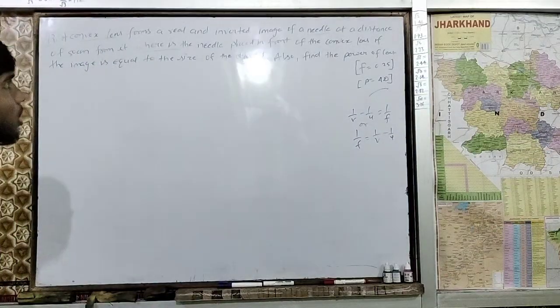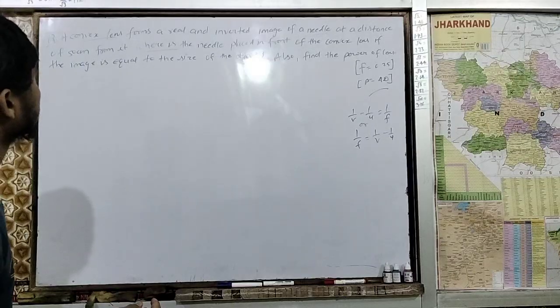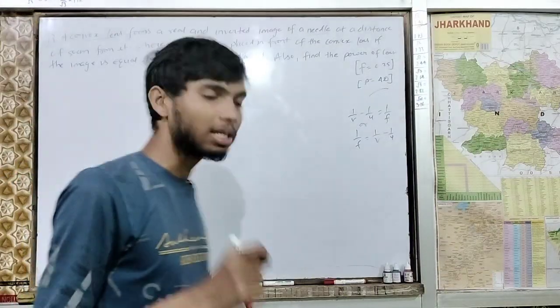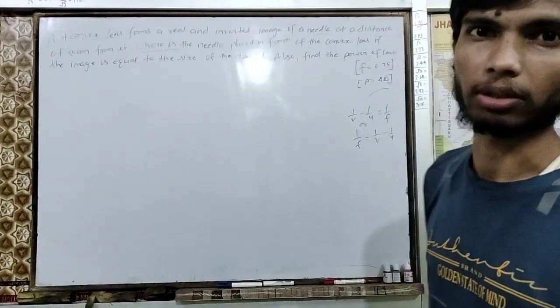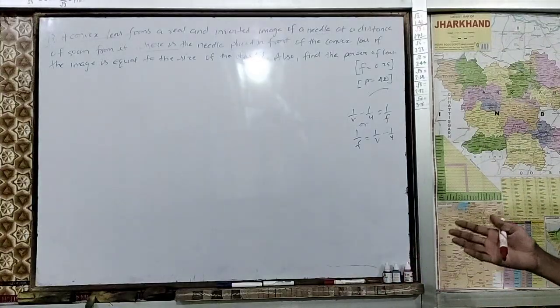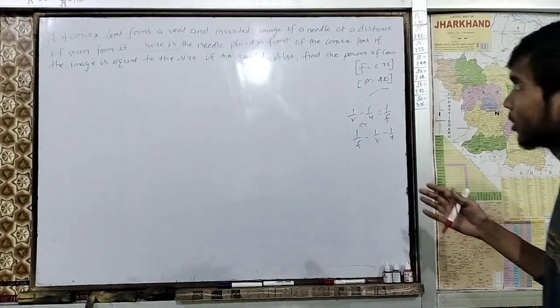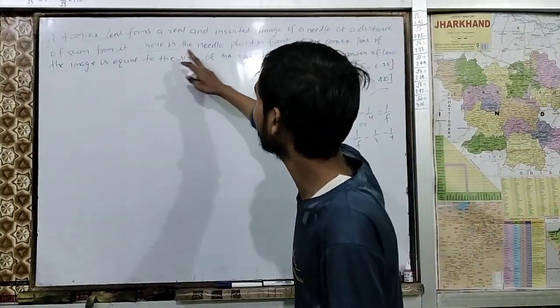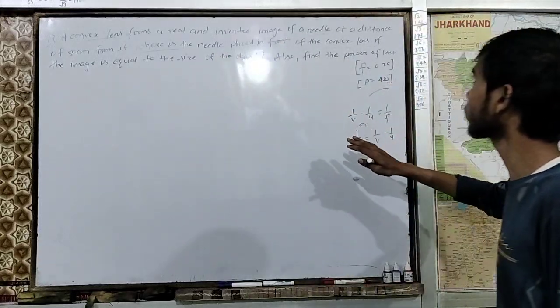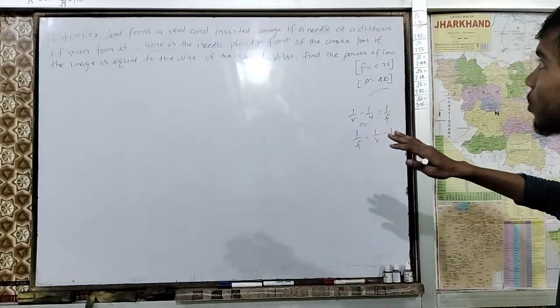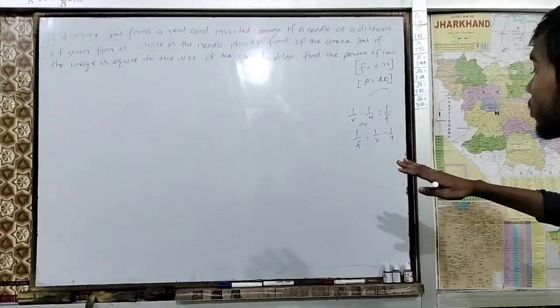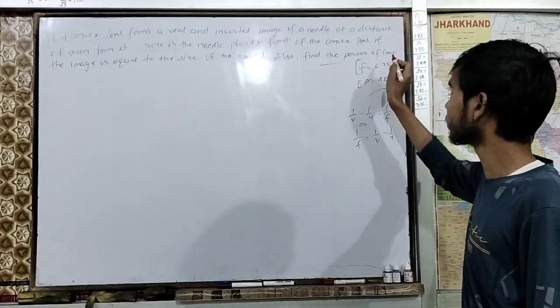Now try to understand. V is given, but u is not given. That is what I am observing over here, because it is asking where the needle is placed in front of the lens. Also find the power of the lens.